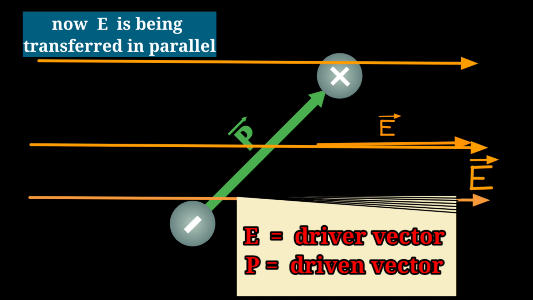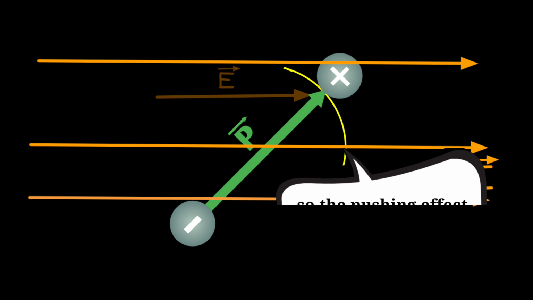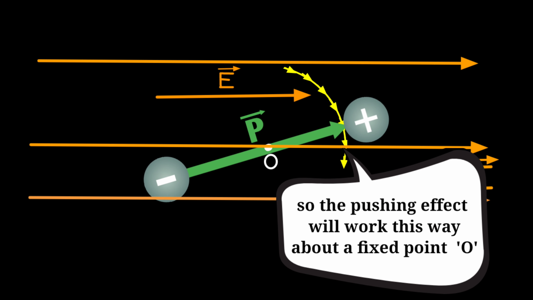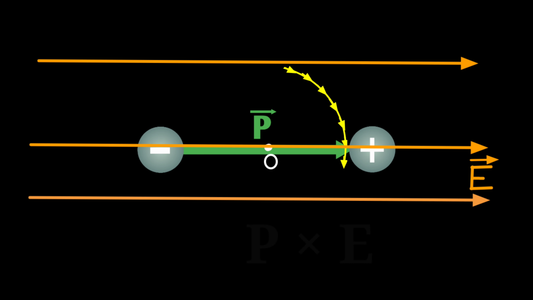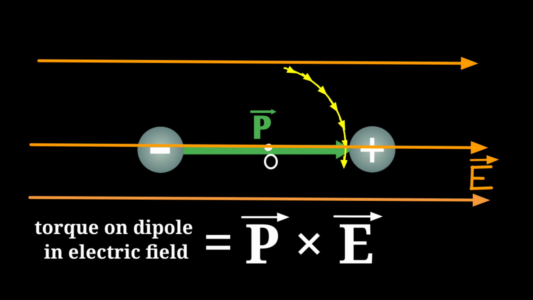Now E is being transferred in parallel. So the pushing effect will work this way about a fixed point O. So it is P cross E. This is the torque on a dipole in an electric field.